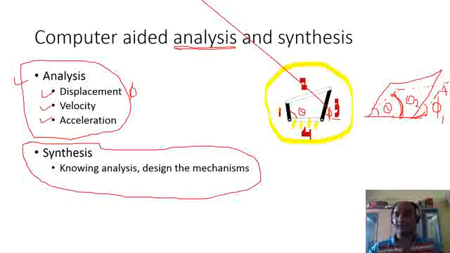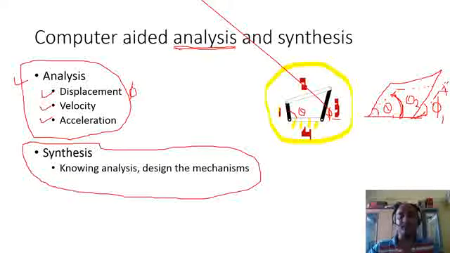When you are using a mechanism for a particular application, then we must know what is the displacement, velocity and acceleration to carry out that application in engineering. So that's why we need that. What displacement we need, velocity we need, acceleration we need. So in that case we have to analyze the mechanism for its displacement, velocity and acceleration. That is nothing but your analysis.